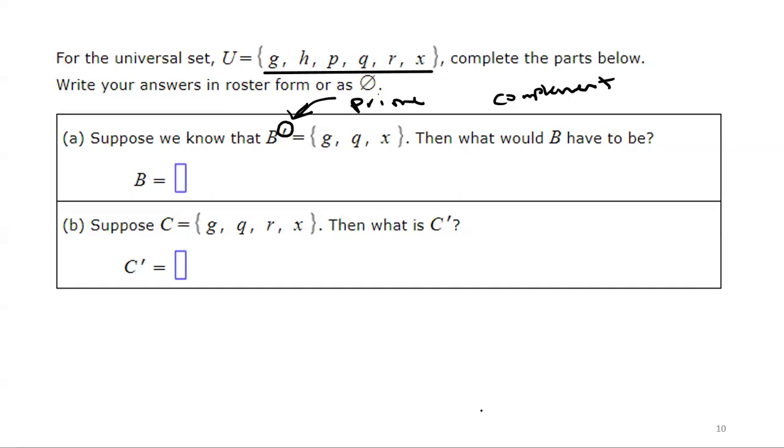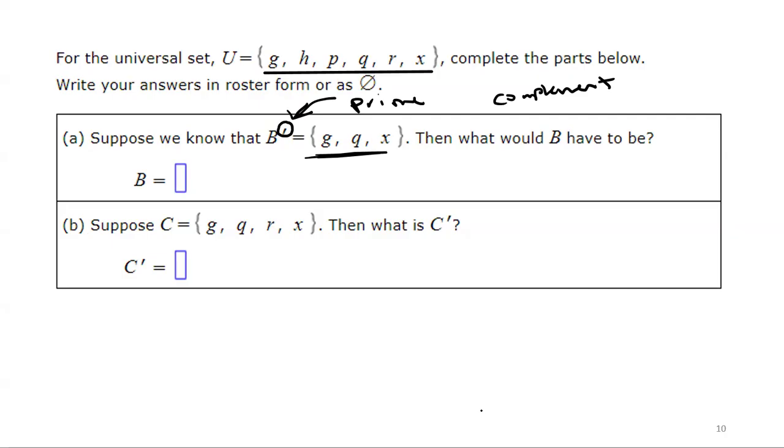When I say B prime, that means we don't want any of these items. Suppose that B prime is listed here. These are the items in B prime. Then what would B have to be?